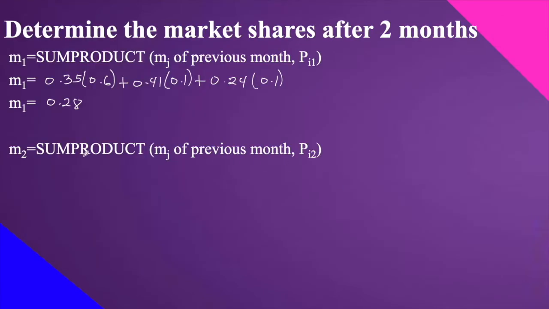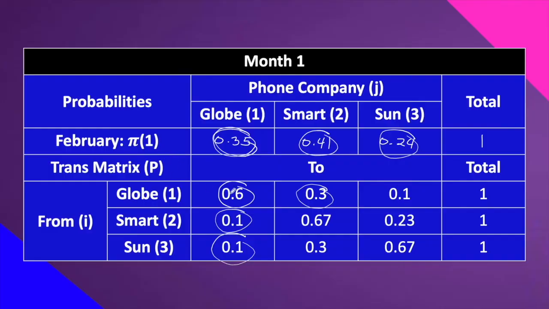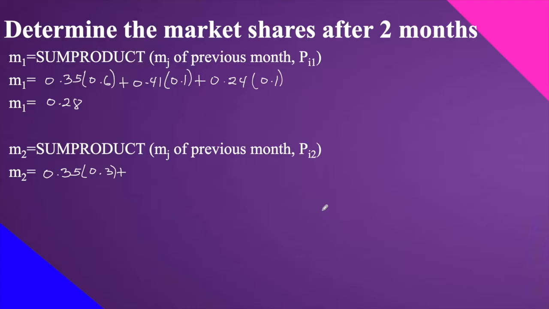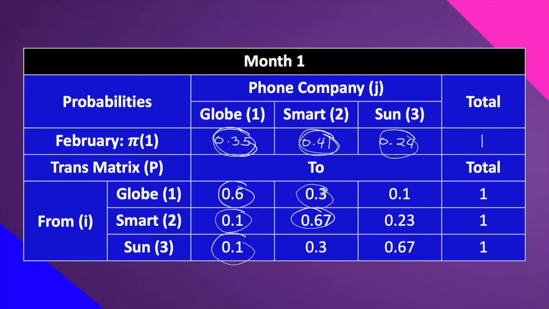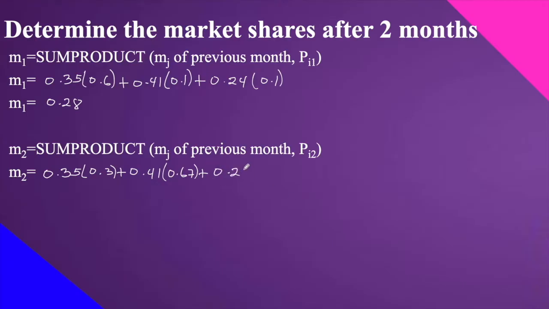So, let's have it here. 0.35 times 0.3 plus 0.41 times 0.67 plus 0.24 times 0.3.